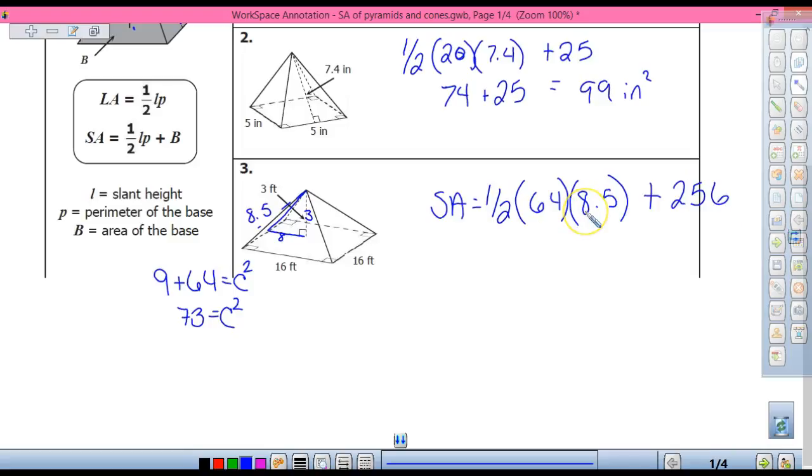So 1/2 times 64 times 8.5 gives me 272, even, plus 256 gives me 528 meters squared.